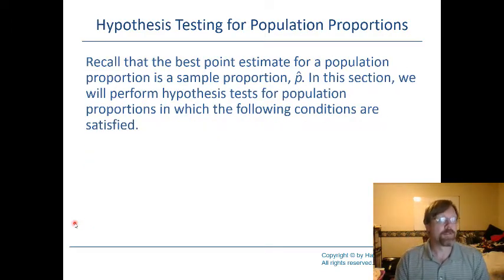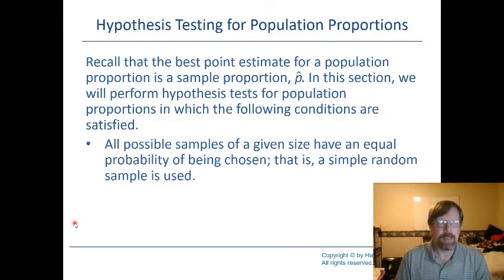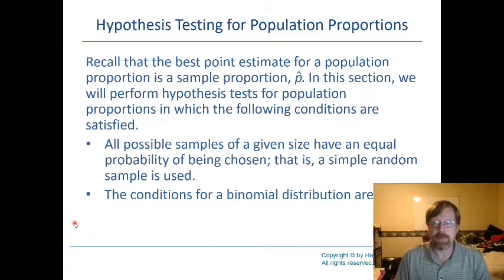All right, so in general, the best estimate for a population proportion is the sample proportion. So in this section, we'll do hypothesis testing on the sample proportion if the following conditions are met. We're using a simple random sample.